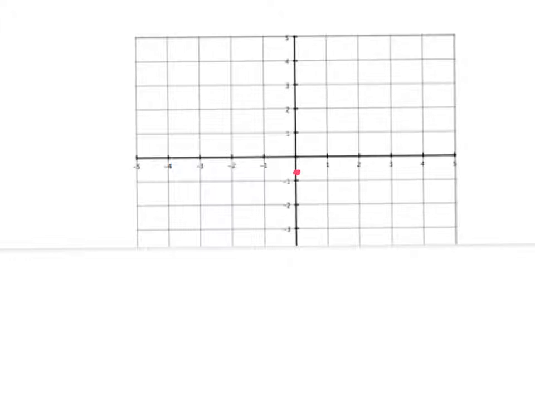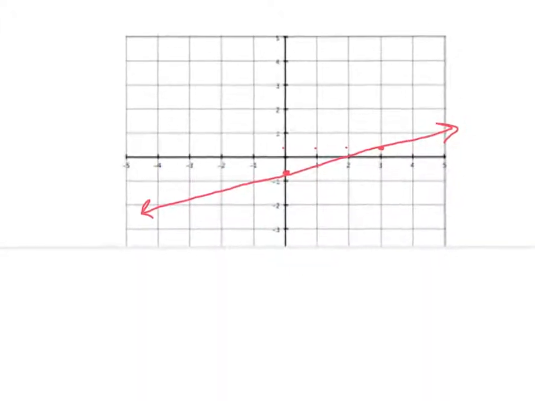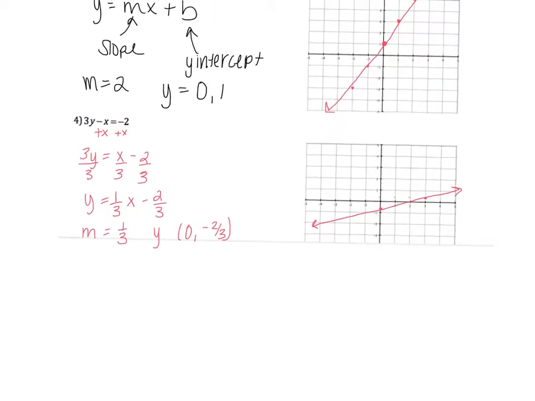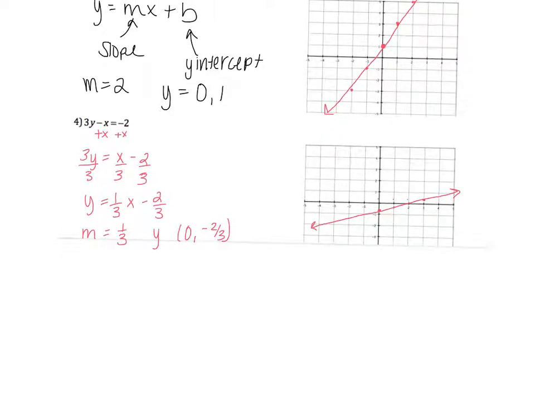Then I'm going to go up 1 and over 3. So there is my equation of your line. When you have fractions as y-intercepts, just do your best and estimate it. Figure out what whole number it's in between.